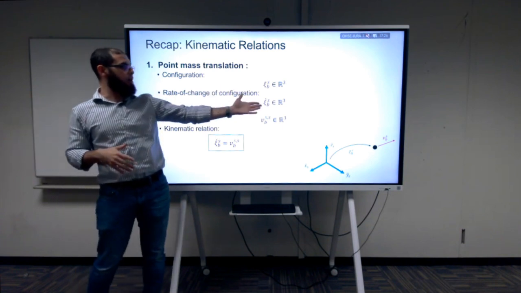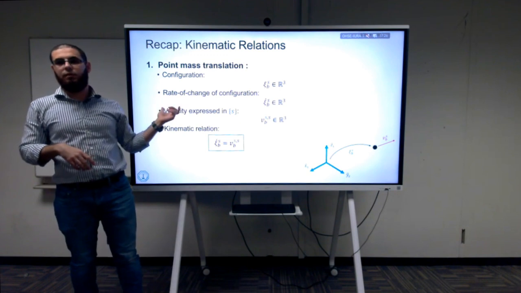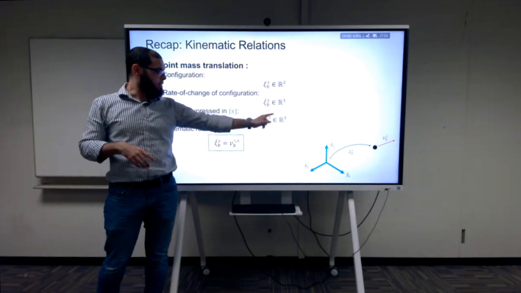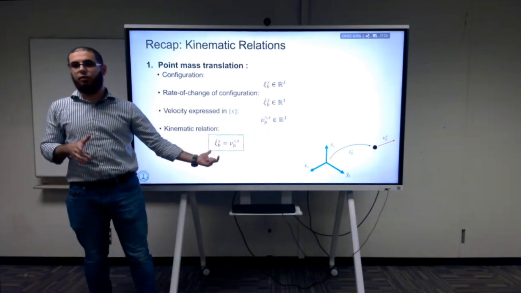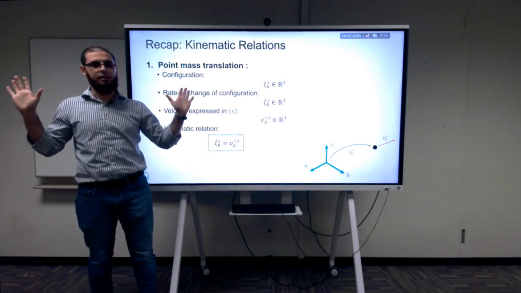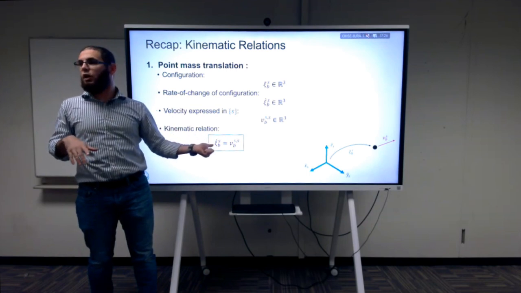The rate of change of configuration is the rate of change of this variable, and the velocity of this point mass expressed in the S frame is something that you usually think of as exactly the same as psi dot. So the rate of change of position is velocity. It makes sense, right? I'm not saying anything new. This is only in R3, only in Rn.